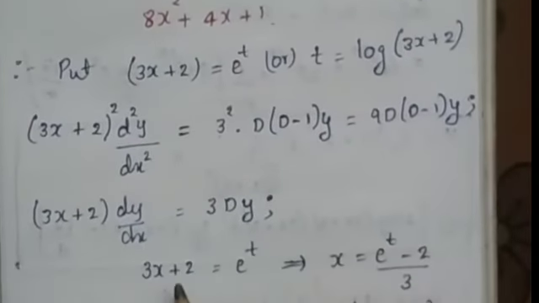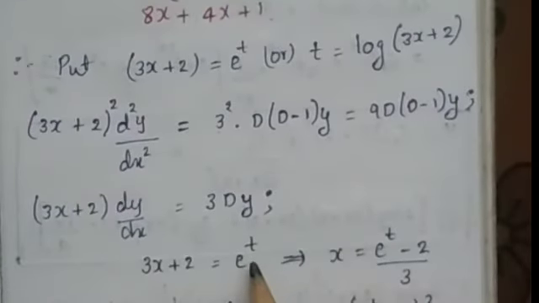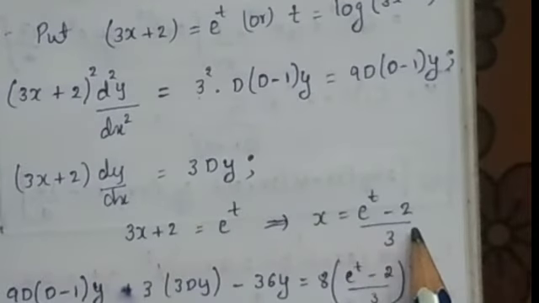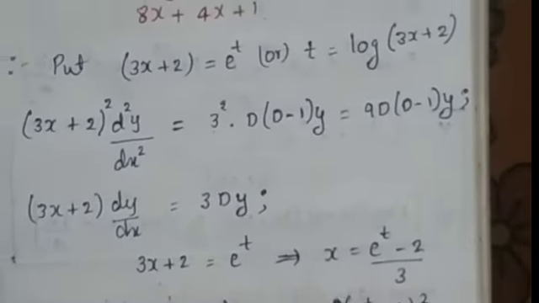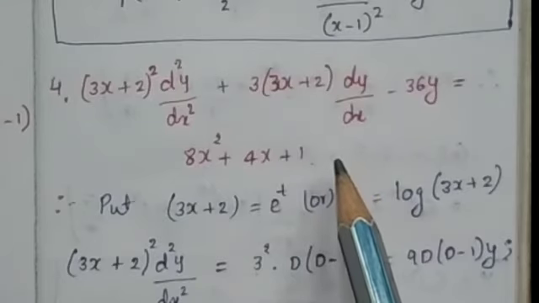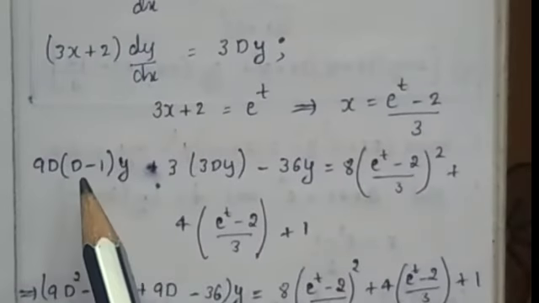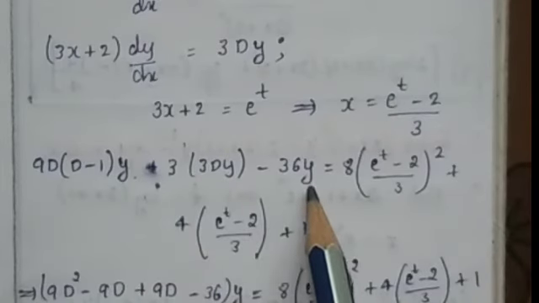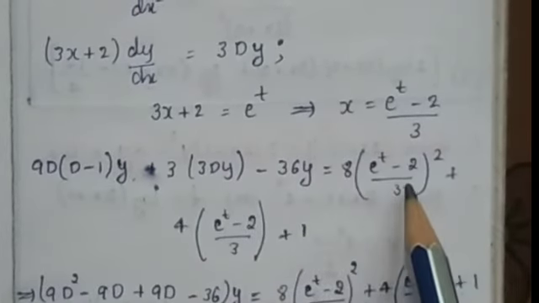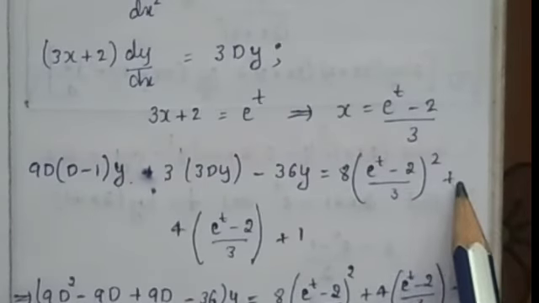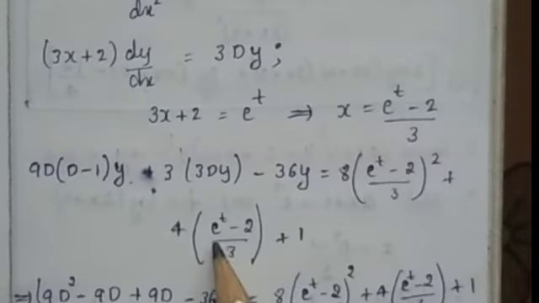Then 3x plus 2 is equal to e power t. What about the x value? The x value is equal to (e power t minus 2) by 3. You substitute all those values into the Legendre equation. You finally get 9D(D minus 1) into y plus 3 into 3Dy minus 36y, which is equal to 8 into ((e power t minus 2) by 3) whole square plus 4 into (e power t minus 2) by 3 plus 1.